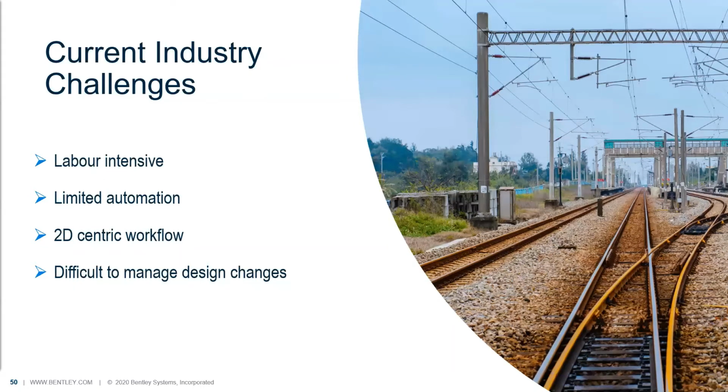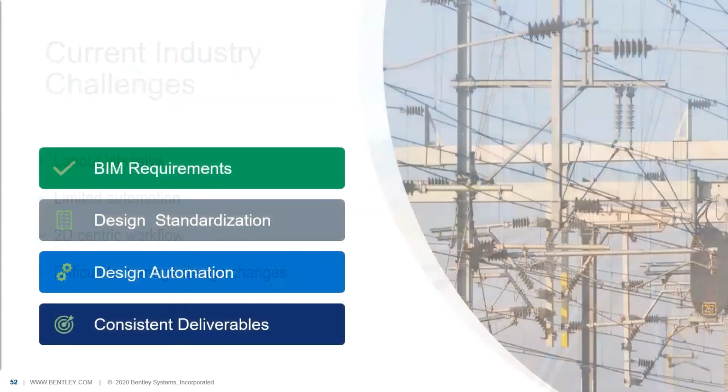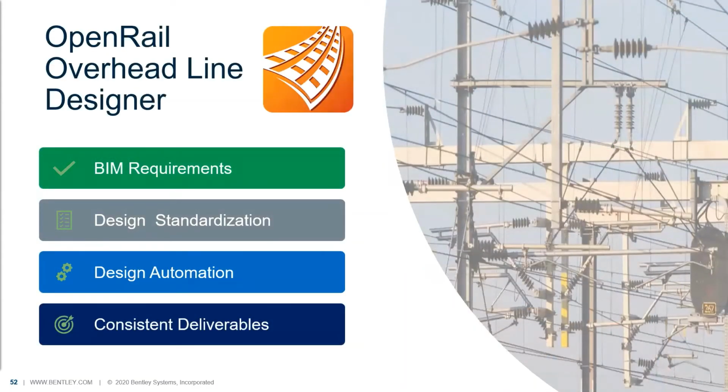As you know, this electrification design is normally in single line or 2D drawings. And whenever you have changes, it's very hard to make because the people on the site expect to see things visually, which can help them to make the changes very quickly. So that's why this product is born.